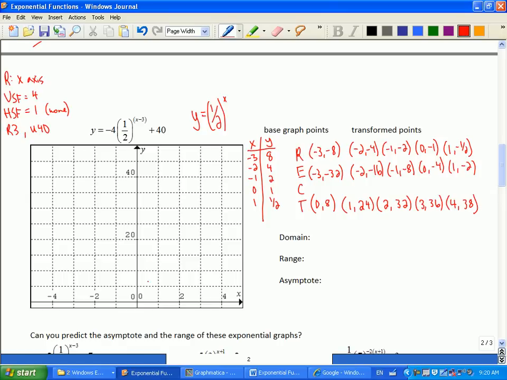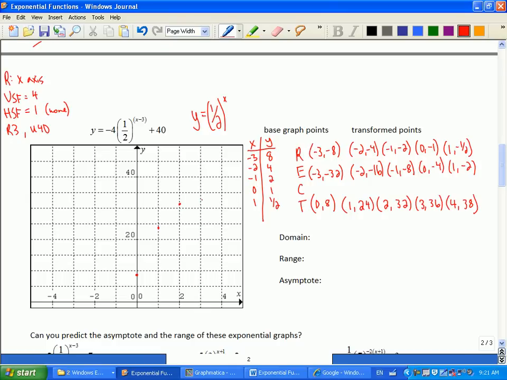Okay, so if I started with my points this time at 0 and 8, that's about there. 1 and 24, I'm going to guess that's, let's see here, that's 25. So 24 should be just underneath that. 2 and 32, so that's 30. So somewhere like that.